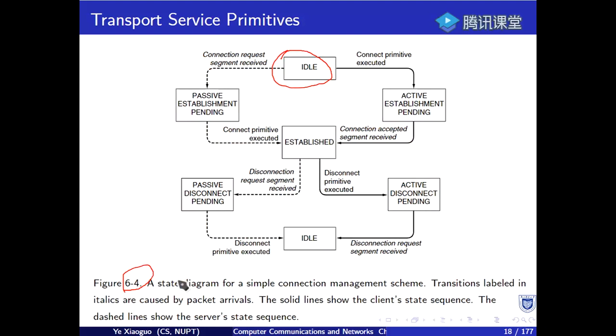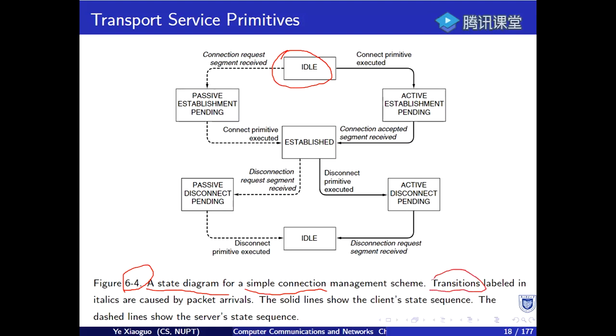So, based on the five barebone primitive functions, here is a state diagram for a simple connection management scheme. It is not the real connection management; it is simpler than the real one.